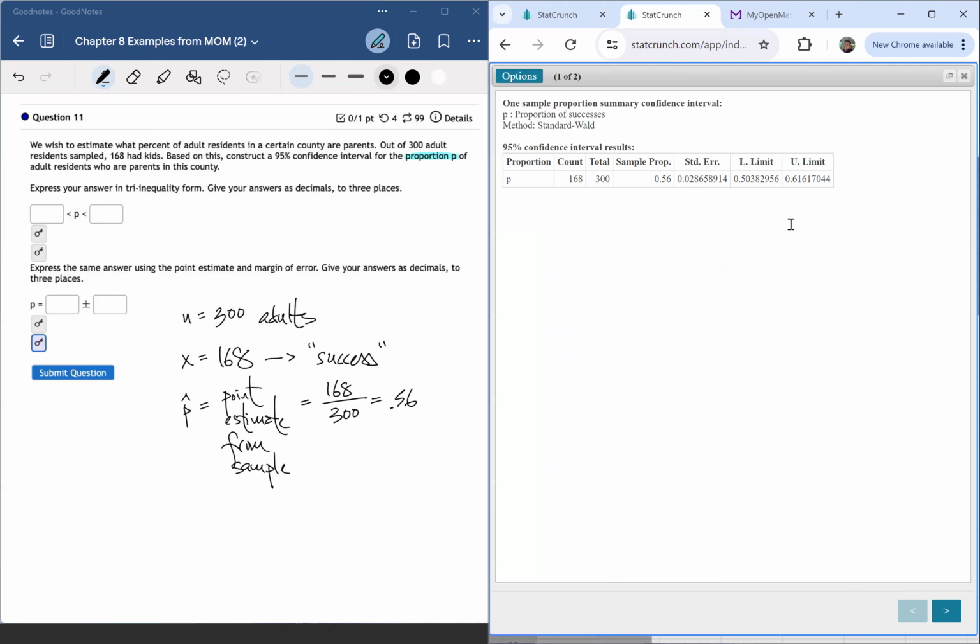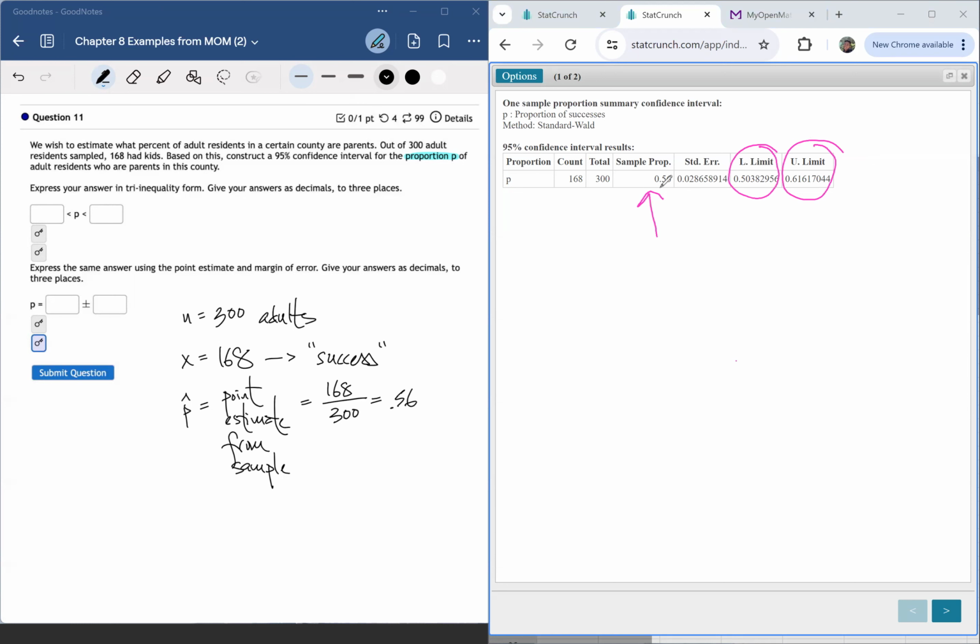We're going to make that screen bigger. And we see that we have our lower limit and we have our upper limit. And that is around that sample proportion, 0.56, so 56% of this population had children.